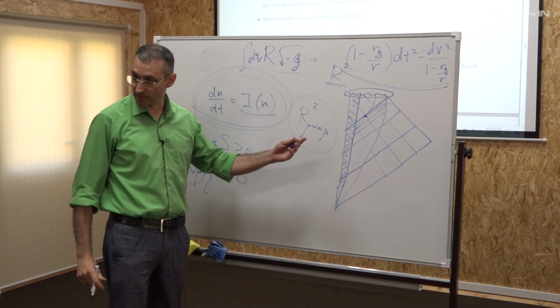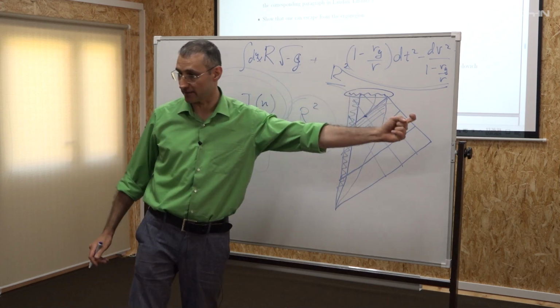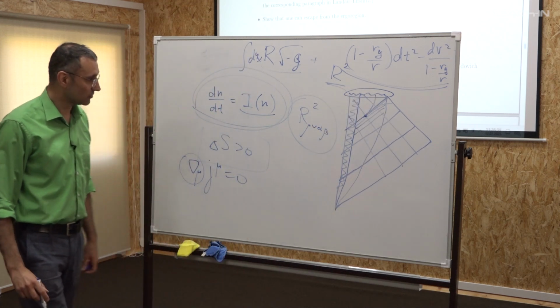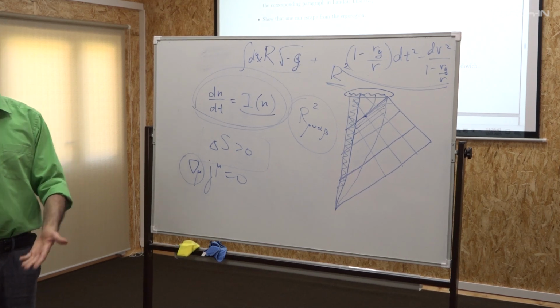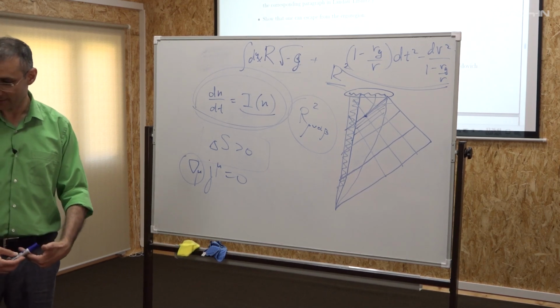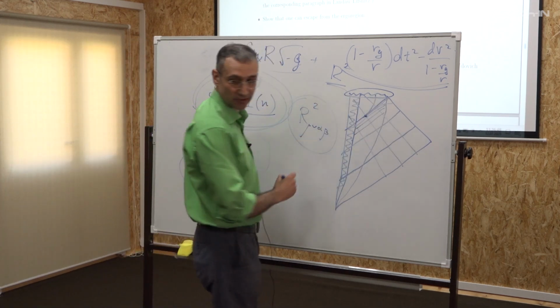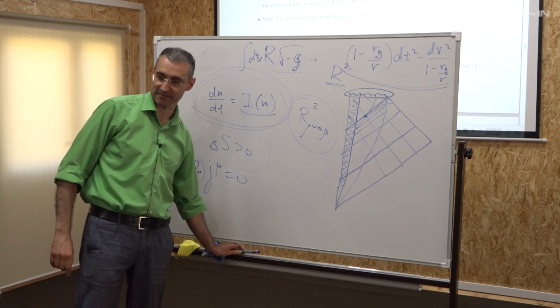When this becomes huge, you cannot use this action anymore. You should take into account other things. So in the very vicinity of the singularity, you have to take into account some other theory which includes general relativity as its own part. But we don't know which theory, and we don't yet know at which vicinity of the singularity we should use it. But we know that there should be something else.